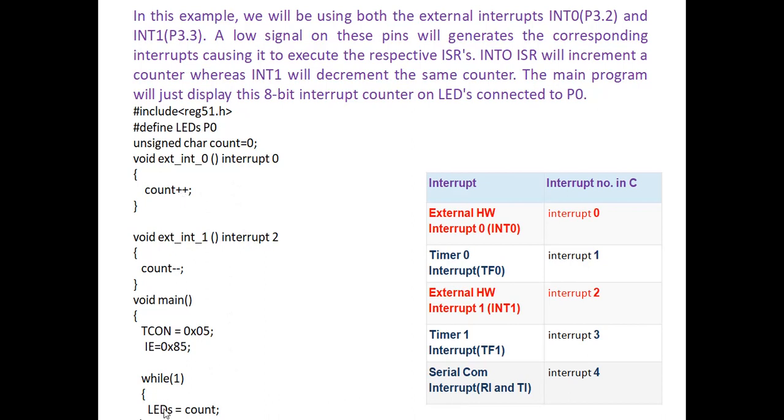Again, whatever value is in count moves to the LEDs. Suppose you make high to low on P3.3, again it will go here, it is going to be minus minus. Earlier the count value was 3. When this interrupt is invoked, 3 minus minus means it becomes 2.